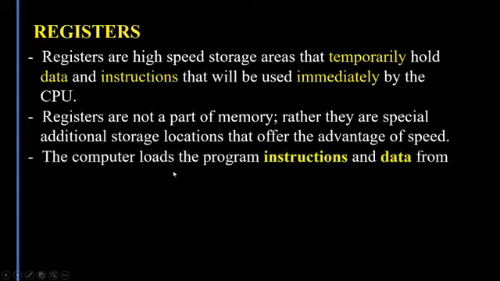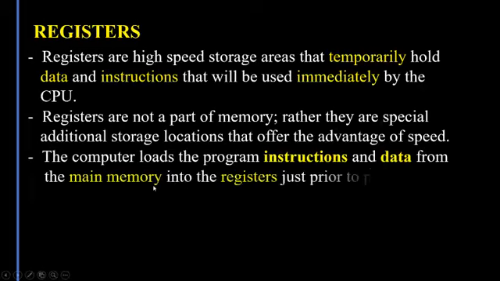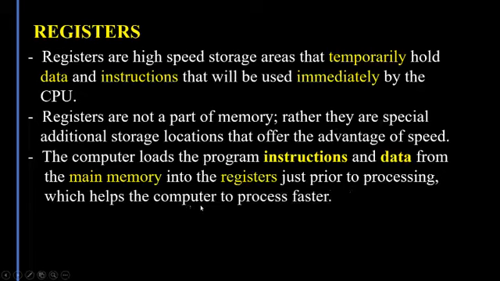The computer loads the program instructions and data from the main memory into the registers just prior to processing, which helps the computer to process faster. So that's the reason why these registers are there.